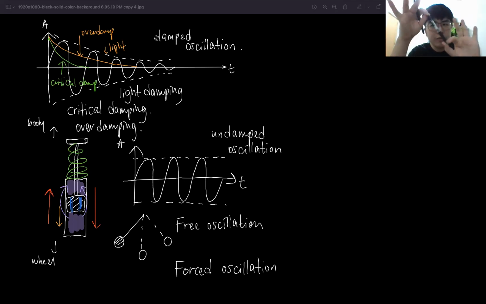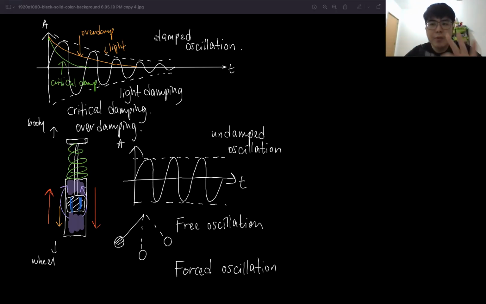Now, when I let go of the pendulum, I just let it do whatever it wants. And then what is the frequency that it makes? What's frequency again? Number of cycles in 1 second. How many cycles per time? So what is the frequency of the pendulum?